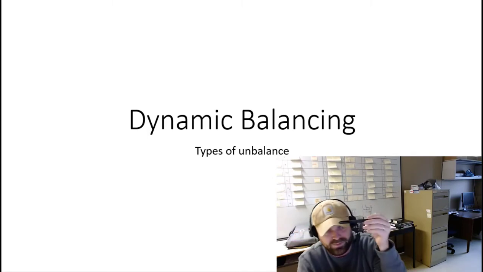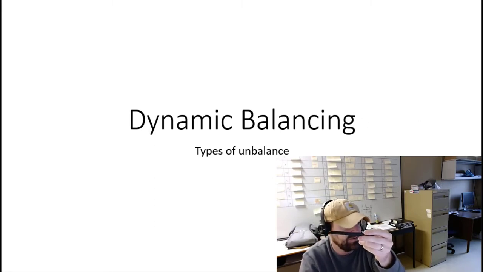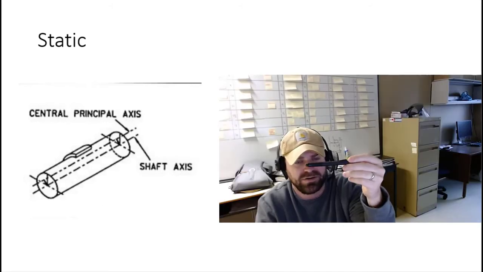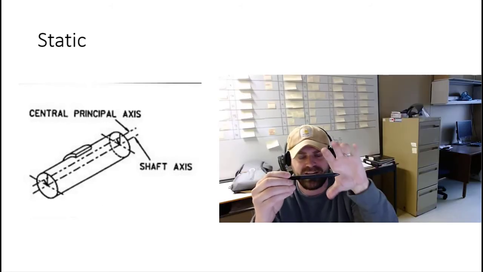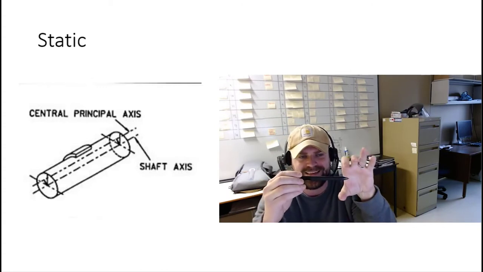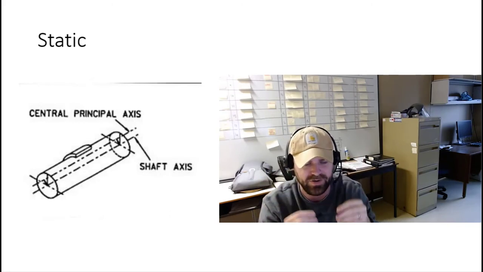The rotating center line, or my shaft axis, is the actual measured, physical center. It's held in position by bearings, and it's locked and located in that position.